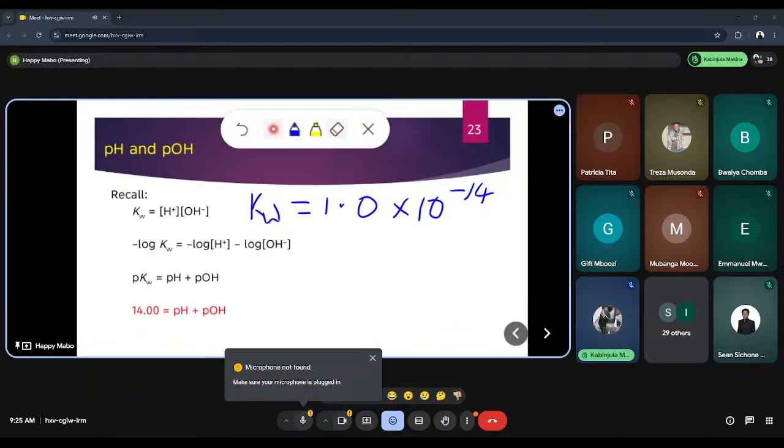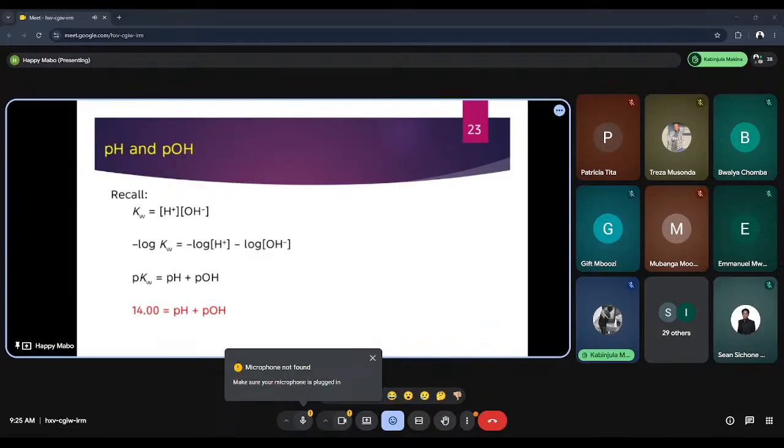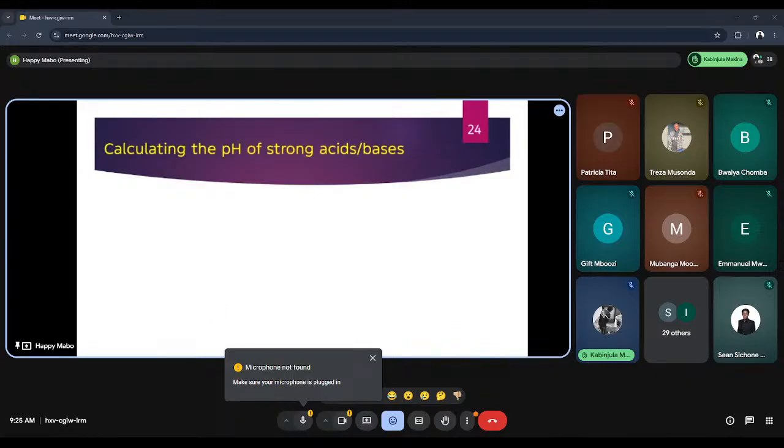Okay, let me just quickly remove this. Calculating the pH of strong acids and bases is very straightforward. It's not really complicated.